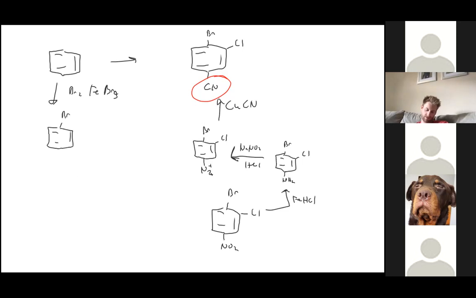We've got an ortho-para director. Most likely we don't want to chlorinate because it's going to give us 2 ortho-para directors with the same amount of priority, which is going to be a mess. So adding in HNO3 first. Sorry, H2SO4 and HNO3.